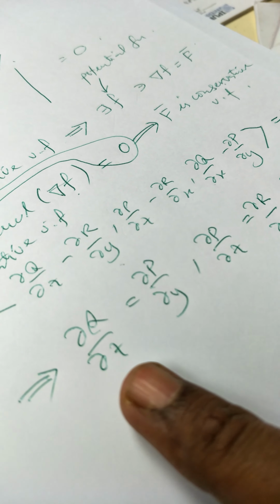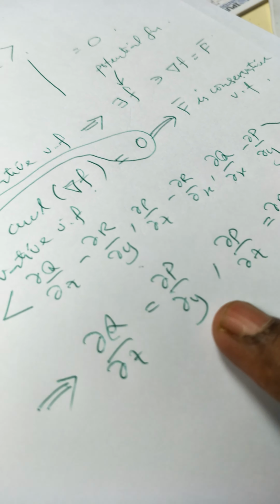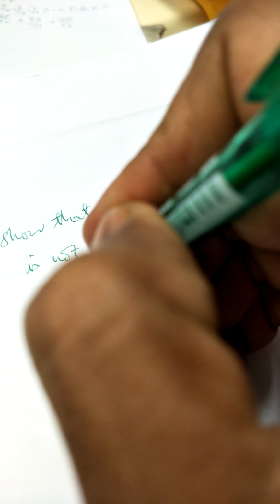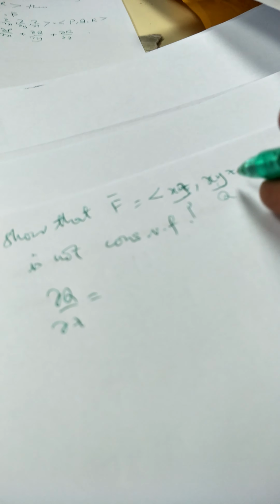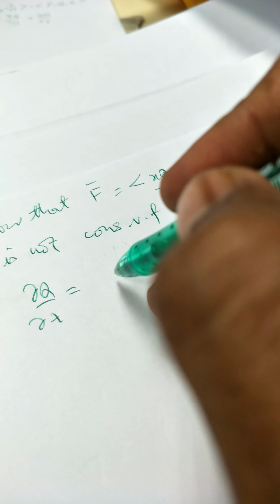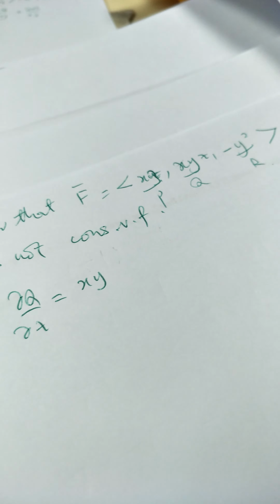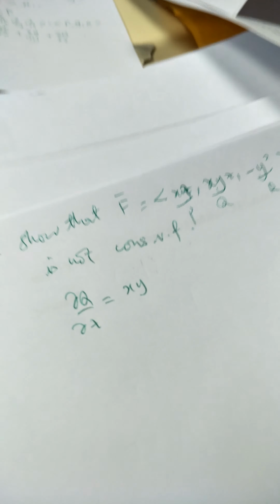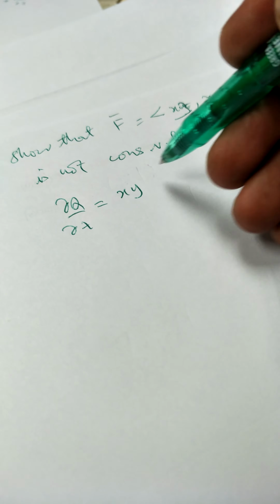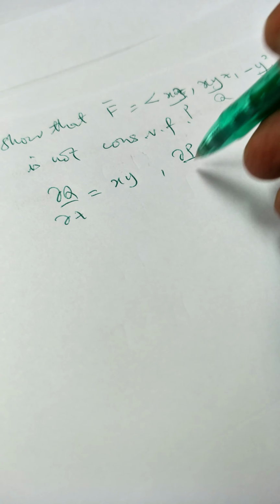So this is P, this is Q, this is R. We need del Q del Z and del P del Y. Del Q del Z gives you XY, and del P del Y is 0.